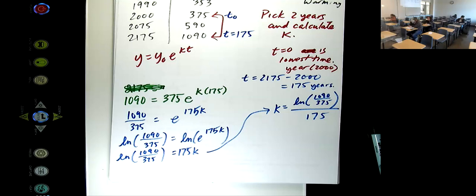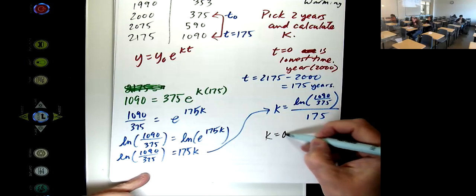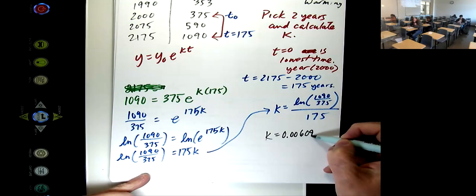What does that equal? K equals 0.006097.